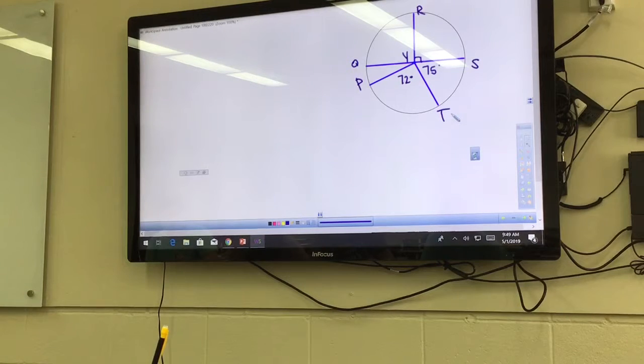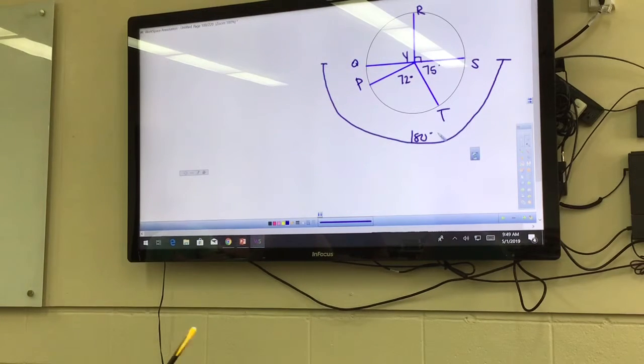What does that tell us? It's making the 180 degrees for the semicircle, right? So if QS is a diameter from Q all the way to S, it measures 180 degrees.